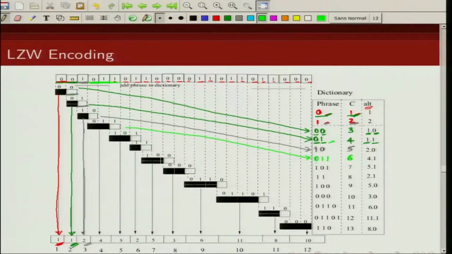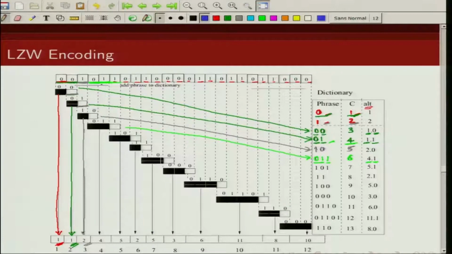Note that this can be written as phrase 0 1 concatenated with the innovation symbol 1. And 0 1 is my code word 4. So in alternate representation, I can write this as 4 concatenated with the innovation symbol 1.